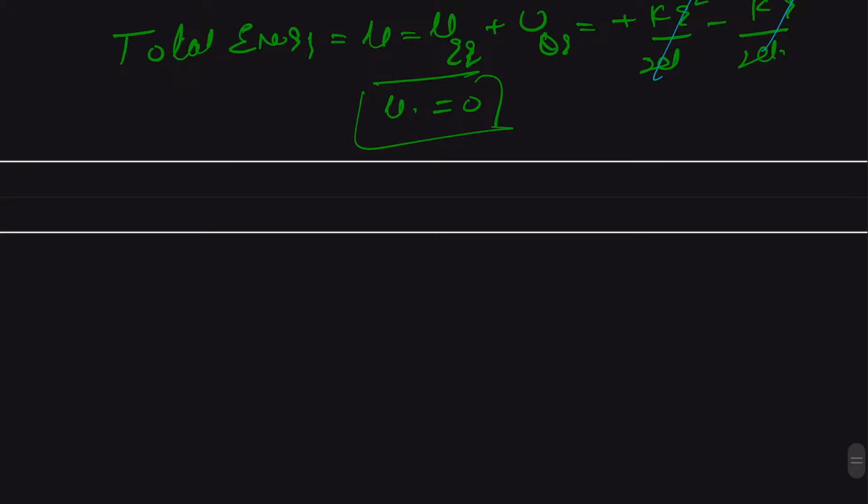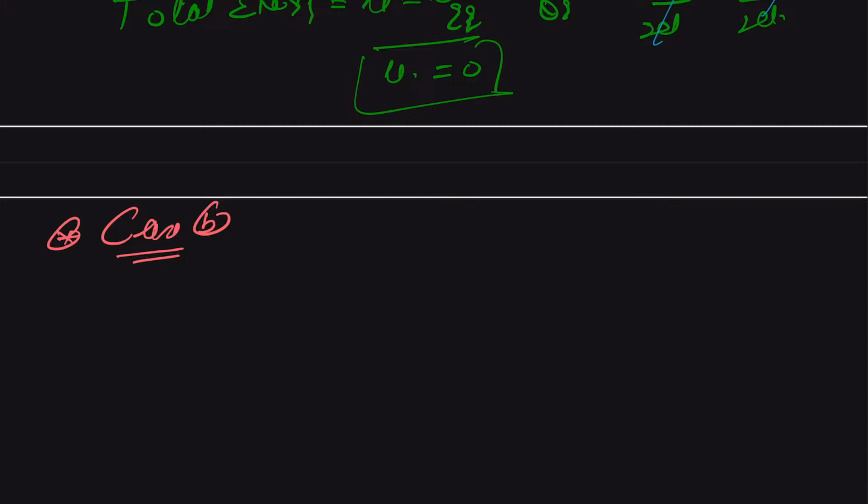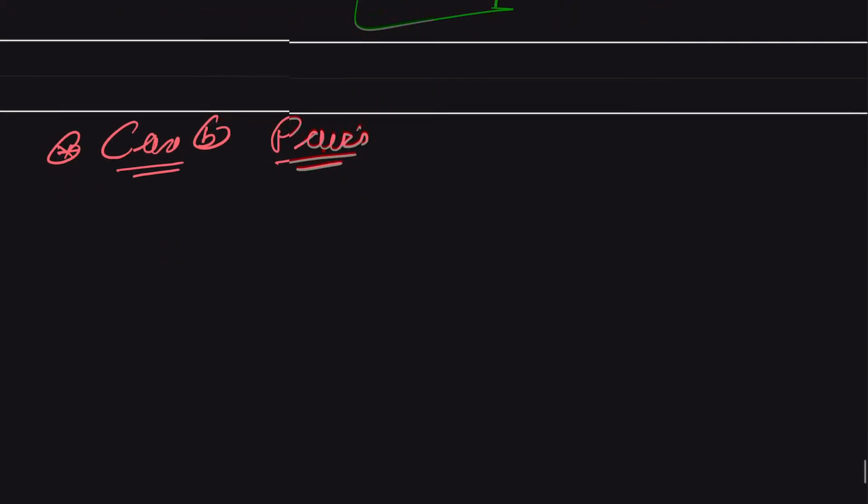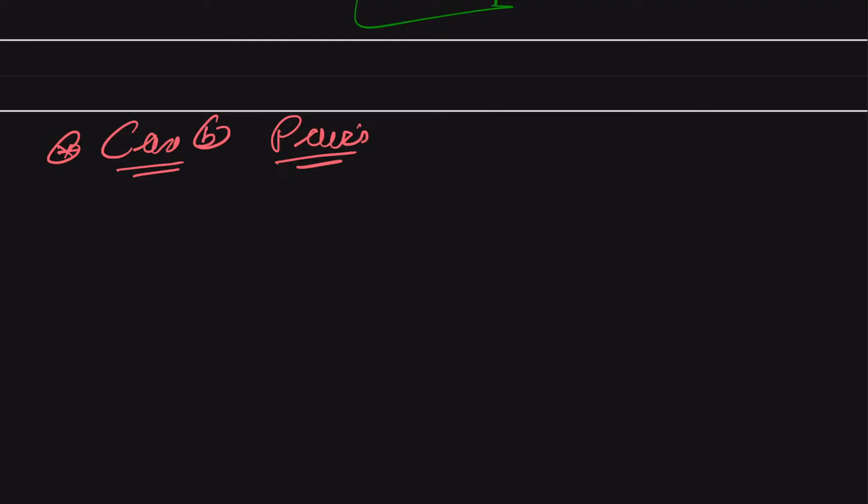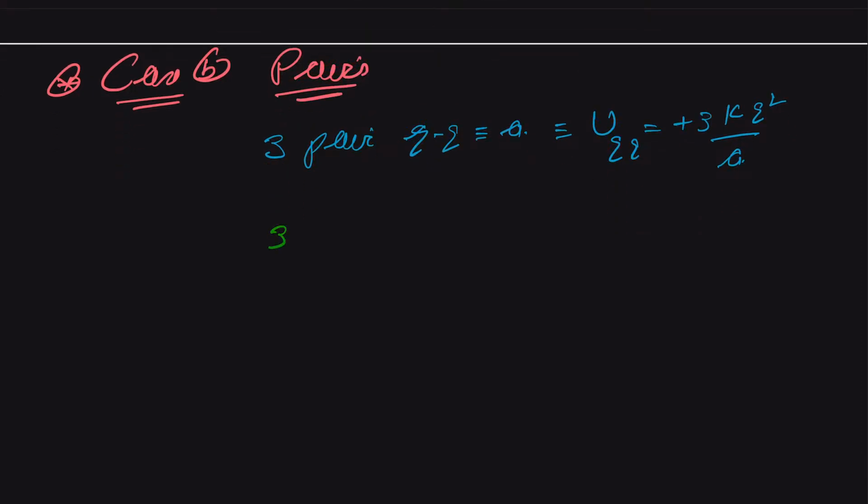Now we come to case B. And in case B, once again we are going to form the pairs, and we can see 3 pairs of small qq, and each is at a distance of A. Therefore the energy U_qq is equal to plus 3k q square upon A, and there are 3 pairs of capital Q and small q, and the distance between them is A root 3.